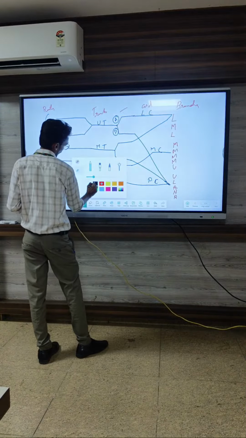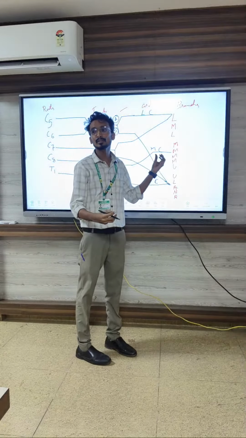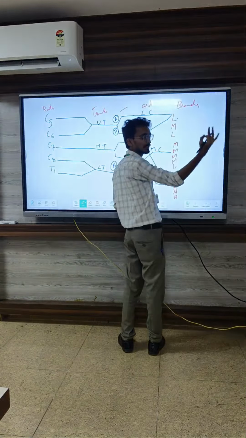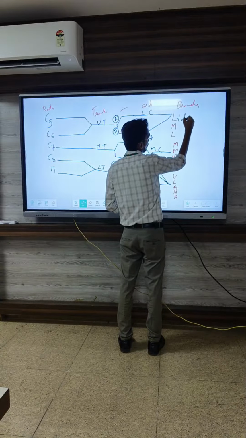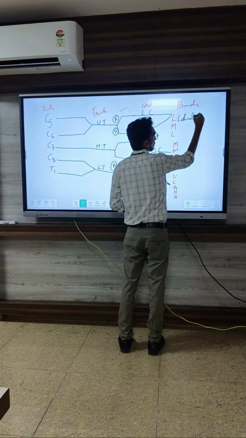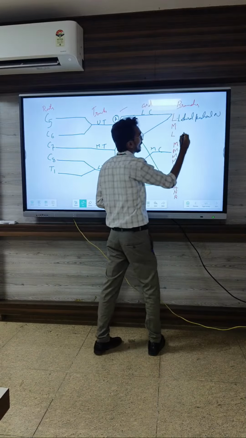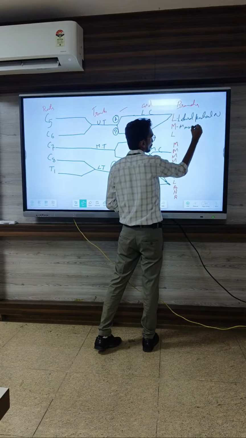Now, till now I have given only the mnemonics. I'll elaborate what the mnemonics stand for. Love me lot: L stands for lateral pectoral nerve, and M stands for musculocutaneous nerve.